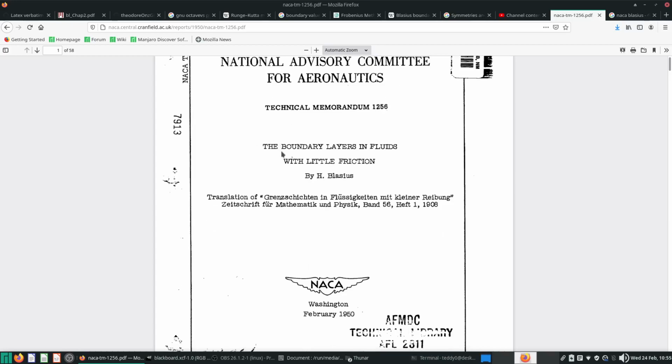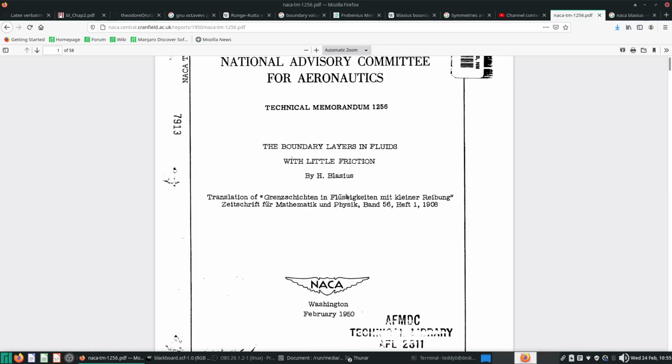The title of this document is The Boundary Layers in Fluids with Little Friction by H. Blasius, a translation of the German original. I'm not sure if I'm pronouncing it right, but kleiner means small, and I think the last word means fluids.